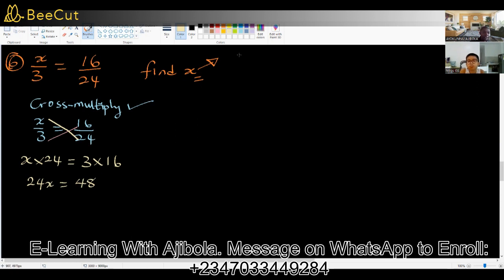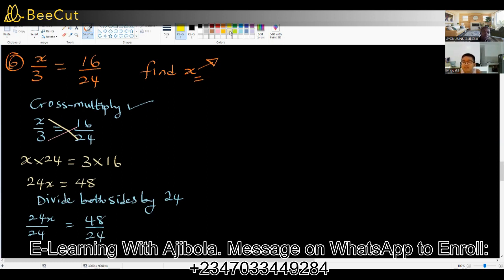So I will divide both sides by 24. So I will say 24x over 24 equal to 48 over 24. 24 is going to divide 24 here, right?